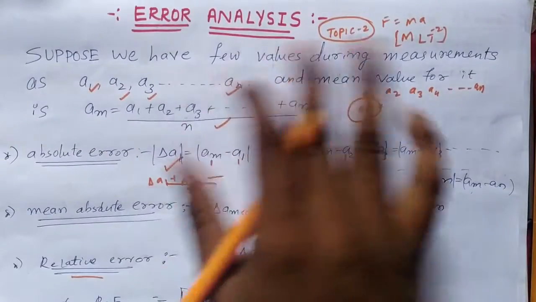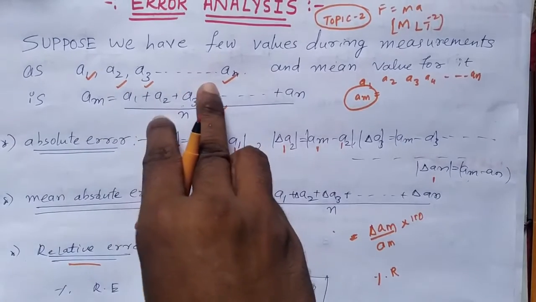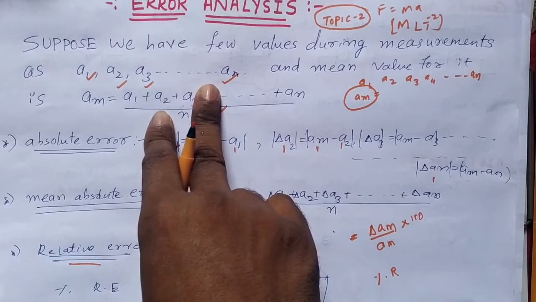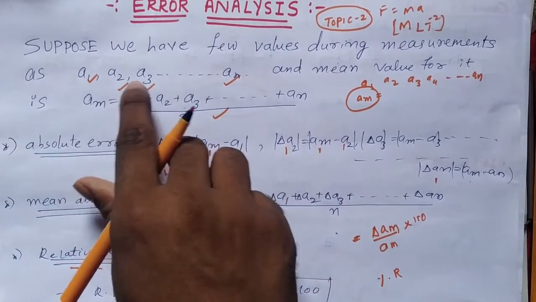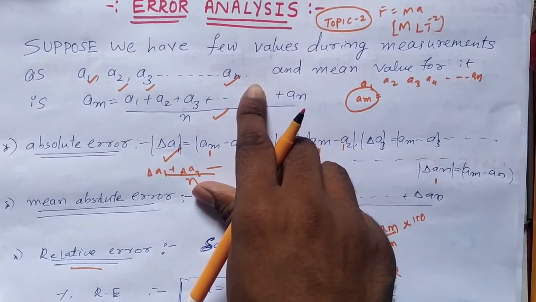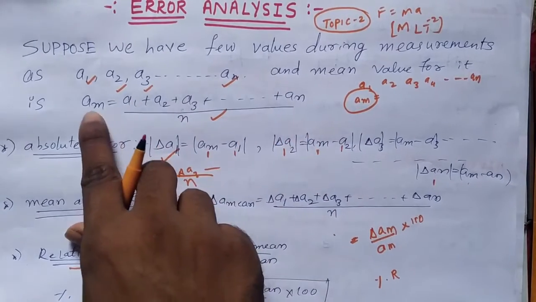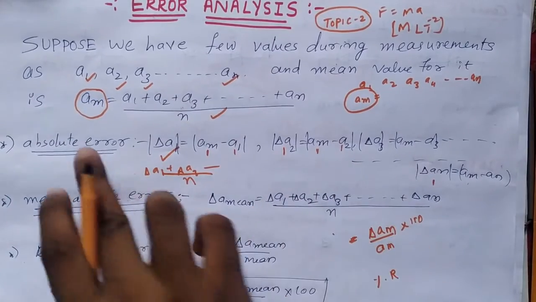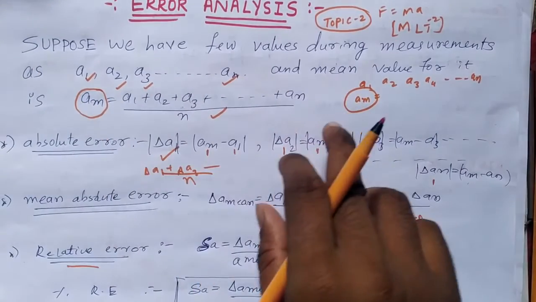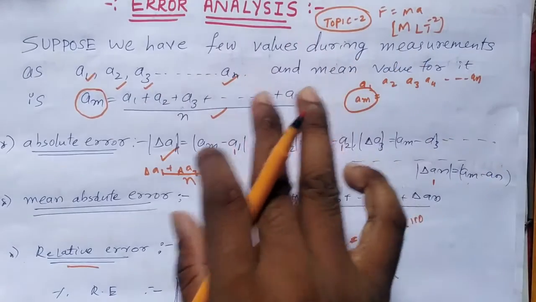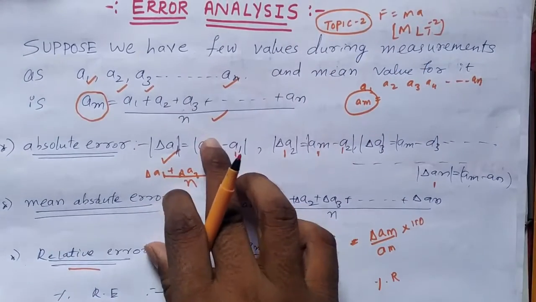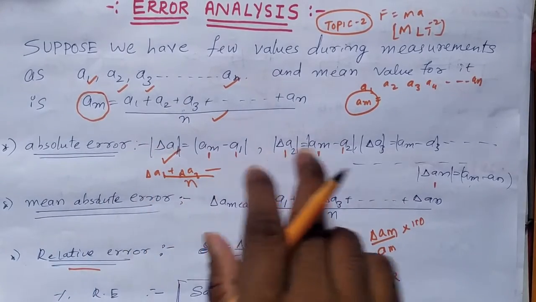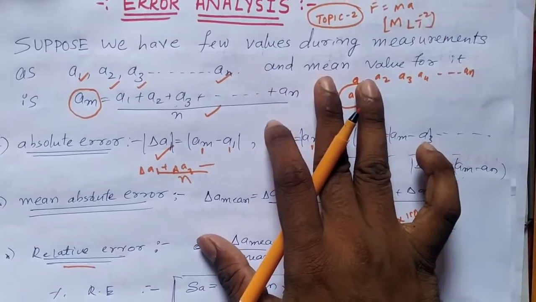I am telling all the concepts once again. If I am making any physical observations or taking readings in any physical experiment, suppose a1, a2, a3, and so on up to an are my values, then I have to take the mean value of them. Absolute error comes for each of the values. Suppose I have 100 values, I will get 100 absolute errors, given by delta a1, delta a2, delta a3, and so forth.